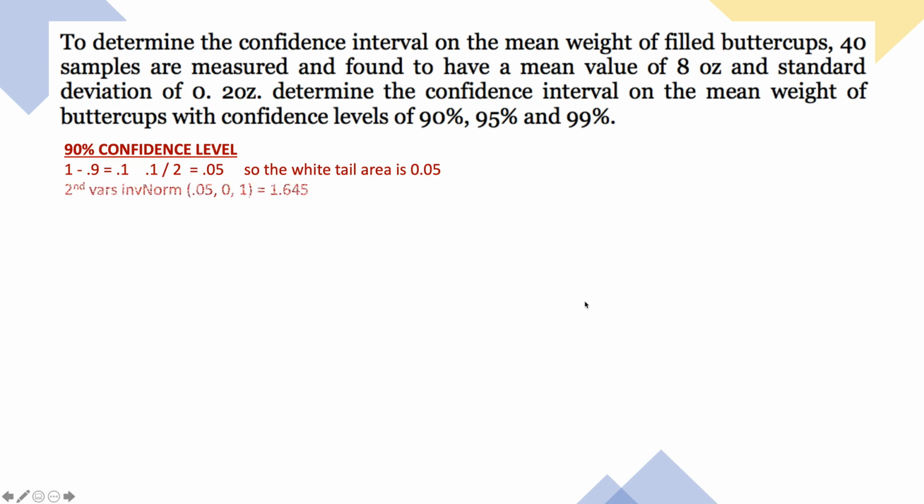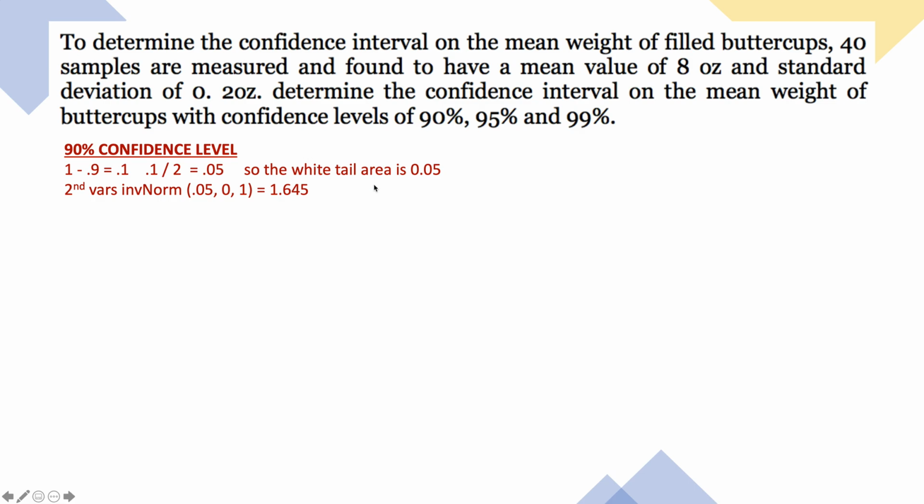To do that, I always go with second bars. I keep it in z-score mode, which is the 0 and the 1. Second bar's inverse norm: an area of 0.05, a mean of 0, and a standard deviation of 1 for working in this mode. And I get 1.645. Good.